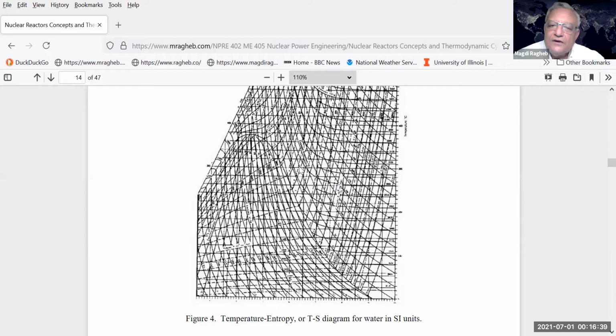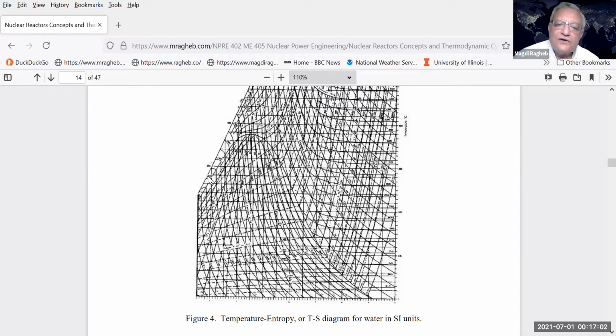Then you can add heat to it following either the isobars, which are constant pressure lines, or the isotherms, which are constant temperature lines. In that area, you'll have a mixture of steam and water for a water system.